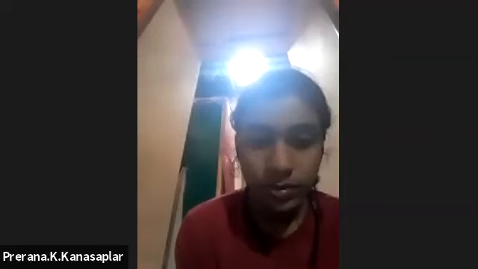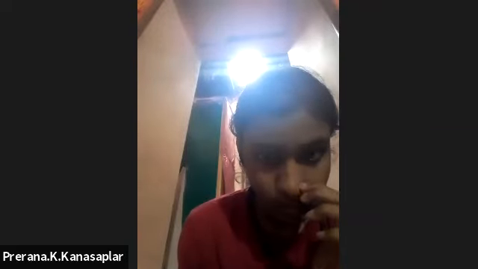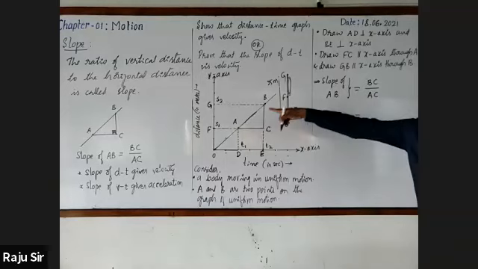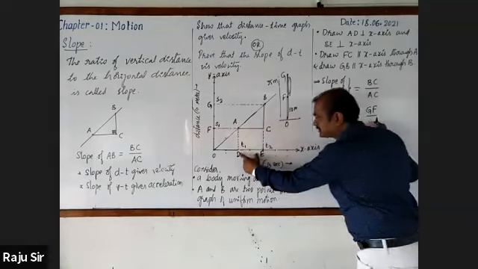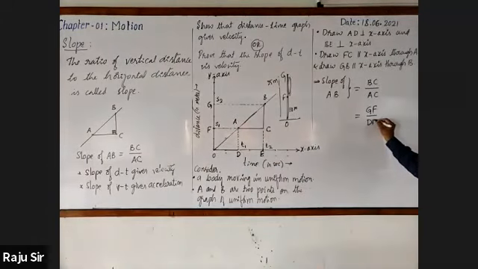Yes, sir. BC by AC. In place of BC I will write GF, and in place of AC I will write DA. Actually, this step is not necessary. Only for the sake of understanding, I am writing this.